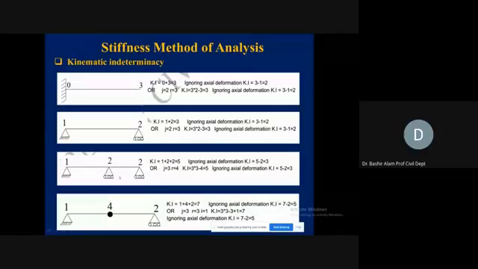Coming to this 2 span problem. This is having 2 spans and 3 supports. Now the left support is hinge support, and then we have roller support, then we have roller support. If I look here, at the left support we have 1 degree of freedom which is rotation.